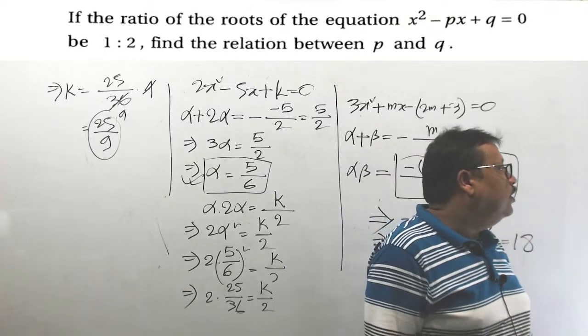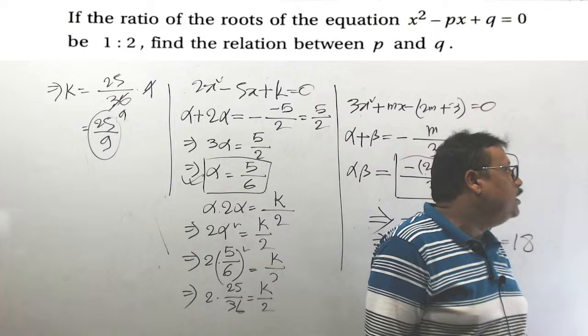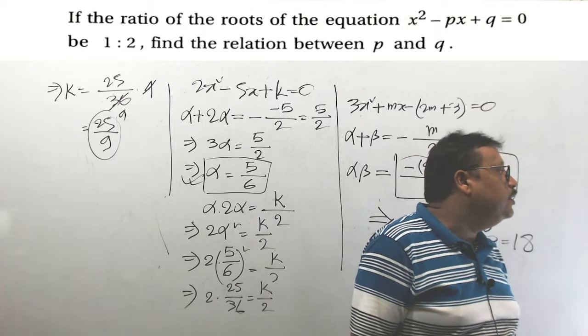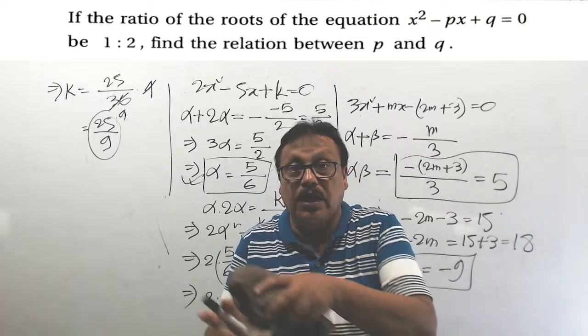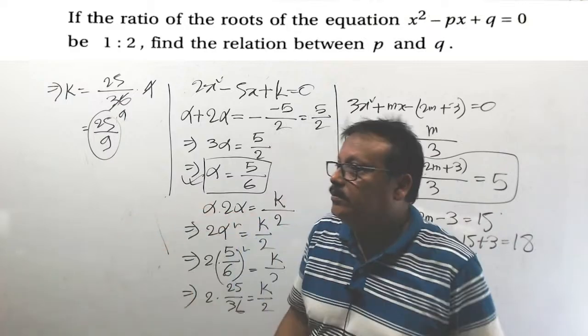If the ratio of the roots of the equation be 1:2, find the relation between p and q. Step by step, we are going upwards.